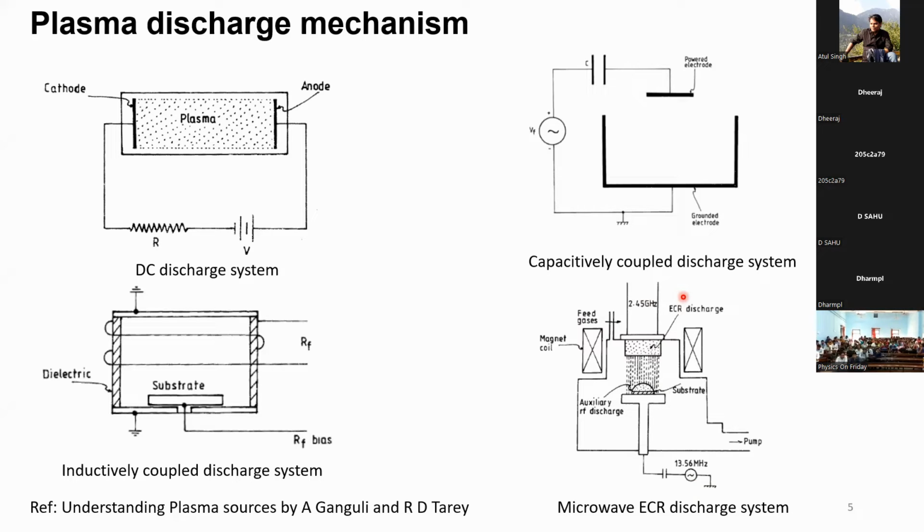ECR is a very efficient system for power coupling, especially at low pressure. Our work deals with the ECR. We have other types of systems also, but the work that I will explain here relies on the ECR discharge.